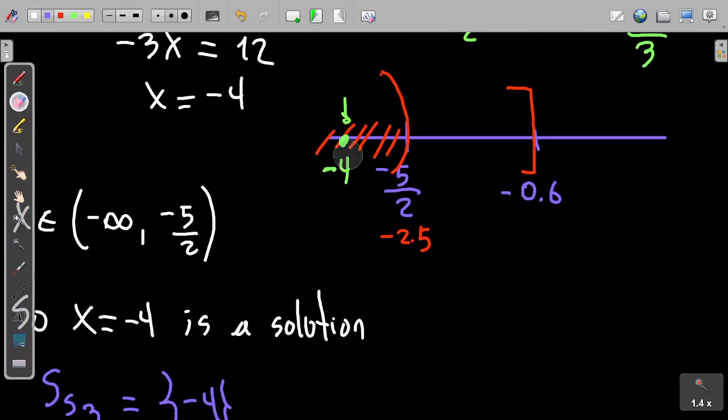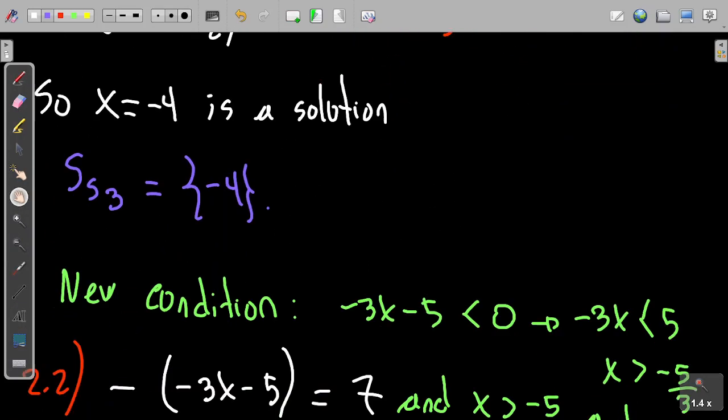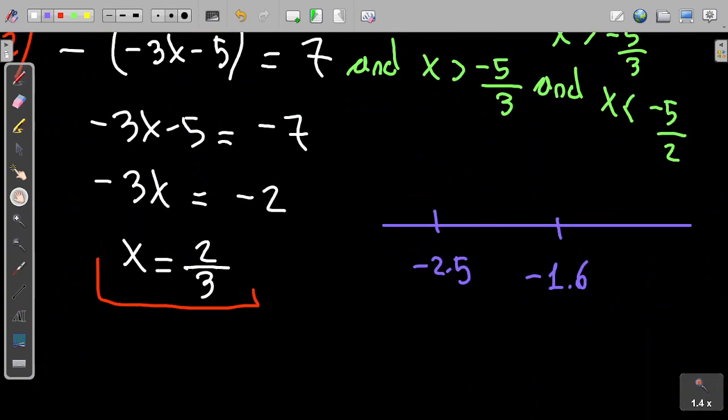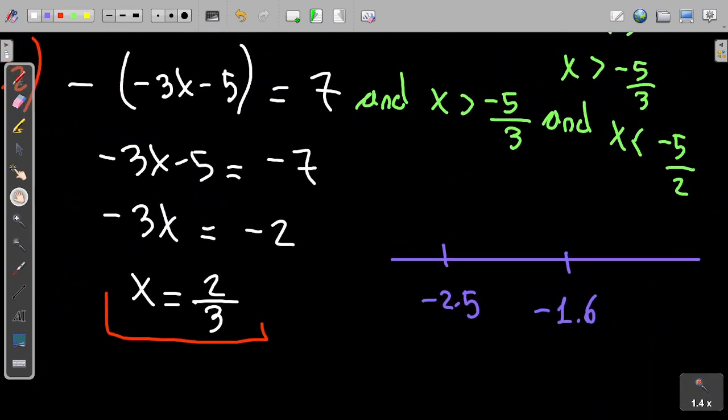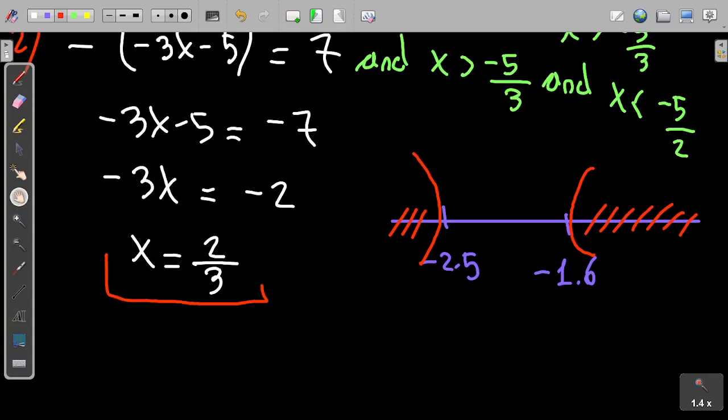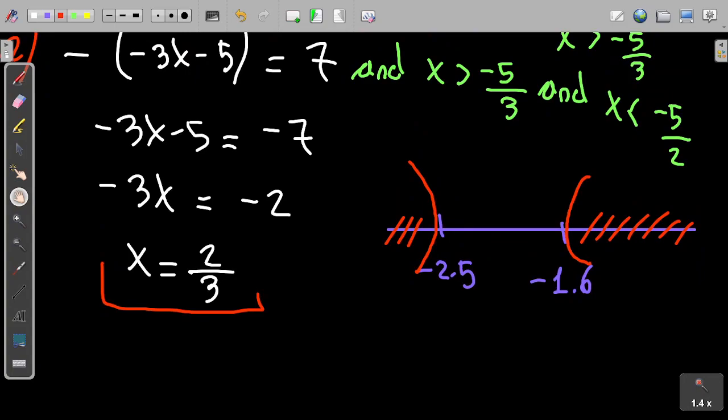The value of this will be negative 1.6, but it's not changing anything in the equation. So this is less than negative 2.5, and it is an open interval. And this is bigger than negative 5 over 3, so we put these values all to the right of negative 5 over 3. We can see that the intersection between these intervals is the empty set.